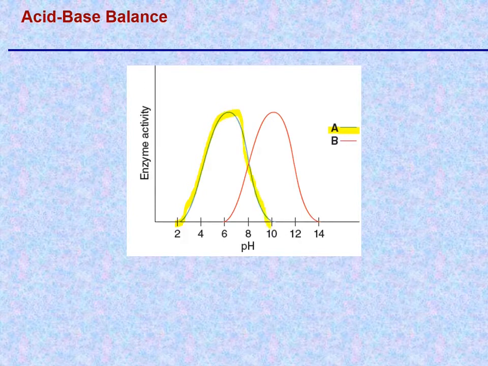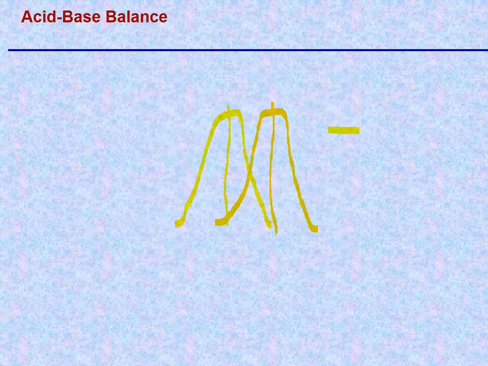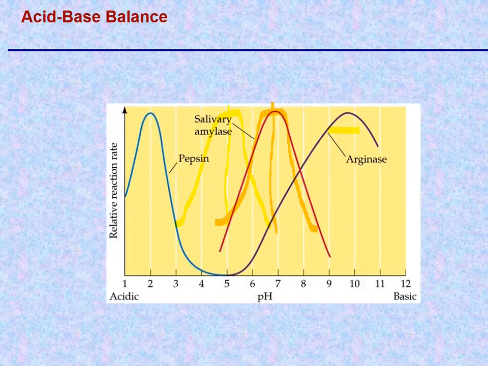Here you see one where the optimum pH is at about 6, and another one where the optimal pH is just above 10, I'd say, or at 10. So that's quite a big difference. Depending upon which enzyme you're looking at, they can have quite different optimal pHs for their activity. And this is shown in these three examples here.